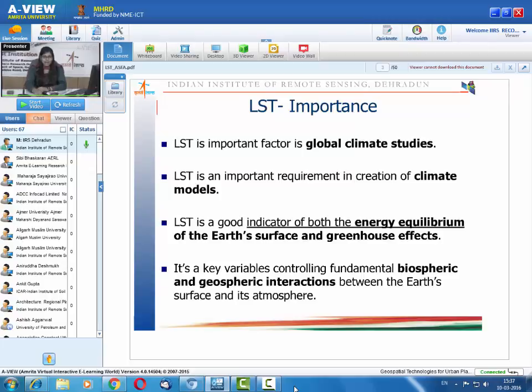Now when we come to land, the surface parameter that we are studying can be referred to as land surface temperature. These two interactions will give us the idea of what climate change is taking place and how it can be helpful for analyzing the climate pattern in the future.